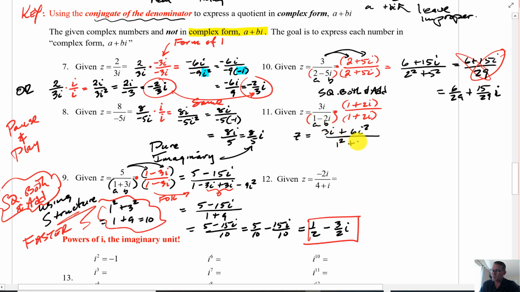So 1 squared plus 2 squared. So you get 3i minus 6, because 6 times negative 1 is negative 6, divided by 1 plus 4, which is 5. And then you divide them both by 5. So you get 3/5 i minus 6/5. And then I would switch the order: negative 6/5 plus 3/5 i.